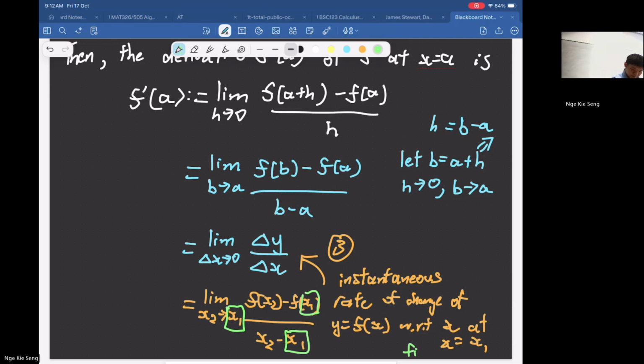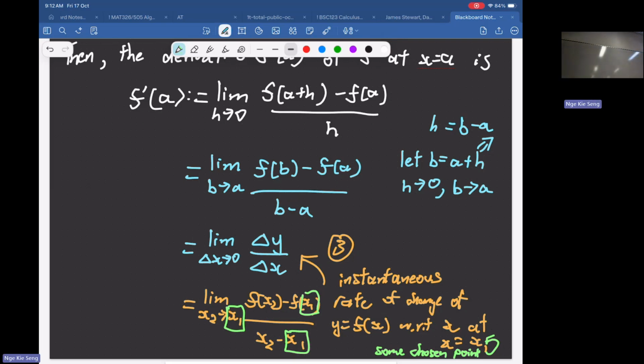Fix some chosen point. These xi are some chosen point. Any question so far?